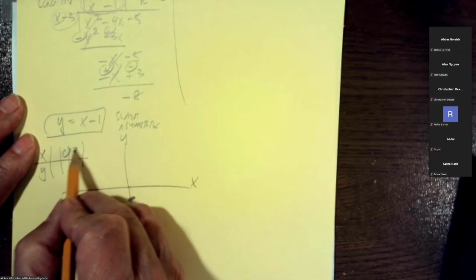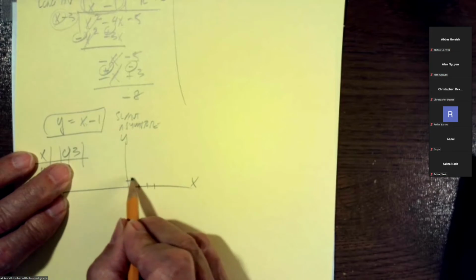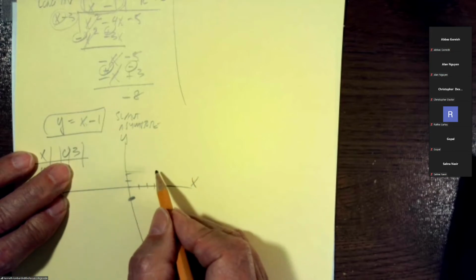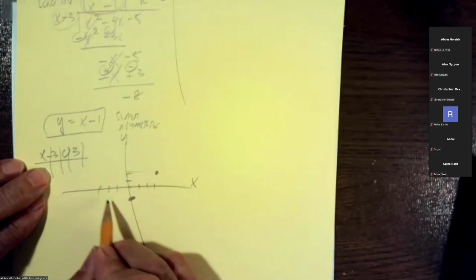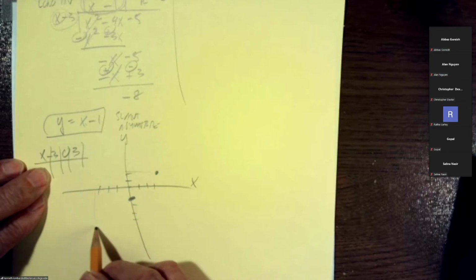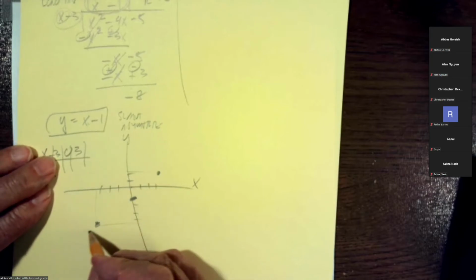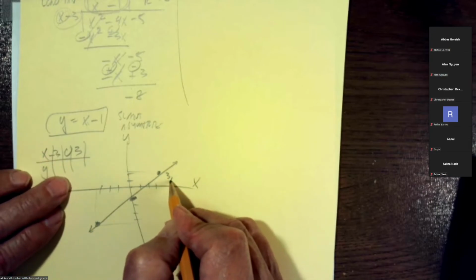If x is 3, I'm at 3 minus 1 or 2. 1, 2, 3. I'm here. And if I'm at -3, I'm at -4. This was -1, 2, 3, 4. So I'm down here. So it looks like I've got a line that kind of goes like that.